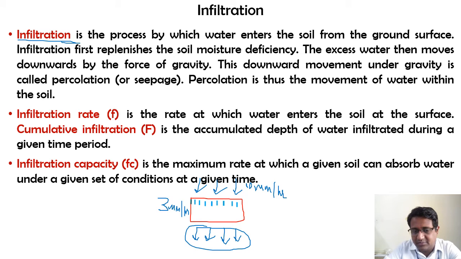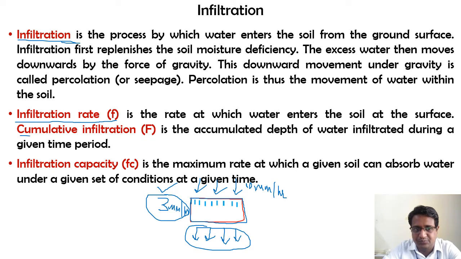This 3 millimeter per hour is nothing but the capacity of this soil that is allowing the water to pass through itself, or else the capacity with which it is absorbing. So this particular rate at which the soil is allowing the water to pass through it is nothing but your infiltration rate. I hope it is clear for you.